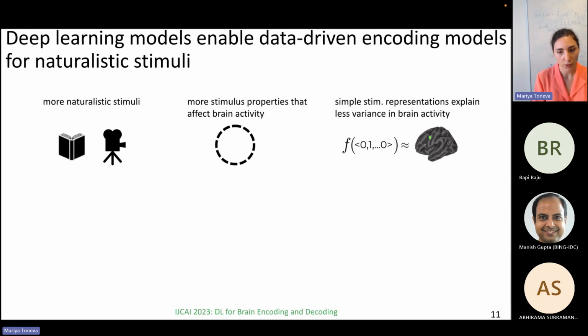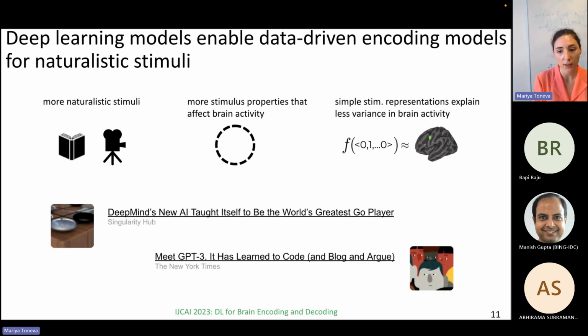So now, how can we actually build stimulus representations that are more meaningful for these naturalistic conditions? Well, meanwhile, we have had, of course, a huge development in deep learning in the last 10 years, which gives us AI models that can do many different tasks in very naturalistic settings.